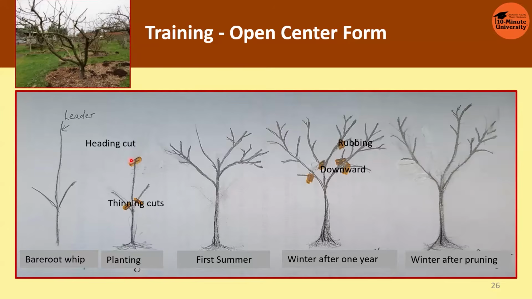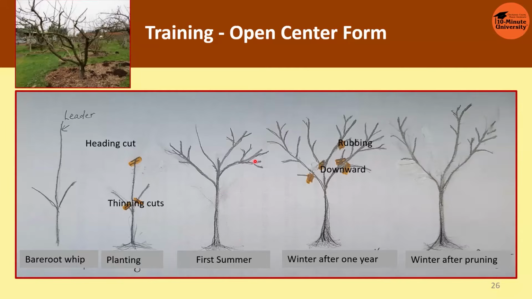In a home orchard, if you make the first cut at, let's say, 18 inches, your scaffold will probably start between 18 and 12 inches above ground. And that is a definite advantage in terms of being able to better reach the tree and not have to get on the ladder.